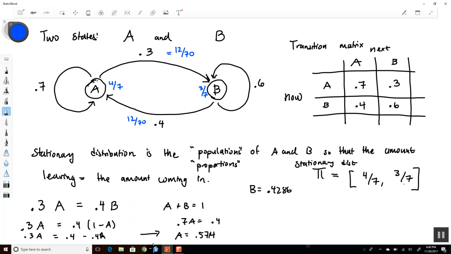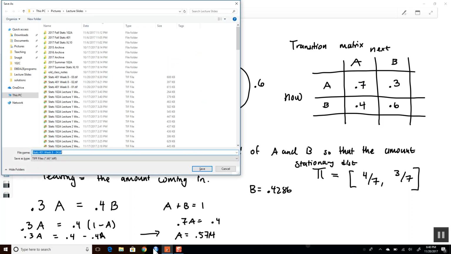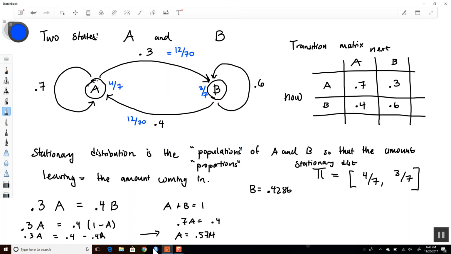Is that okay? What's happening there? All right. And so we can model some population things, like how many people move from California to Texas each year and how many move from Texas to California each year.